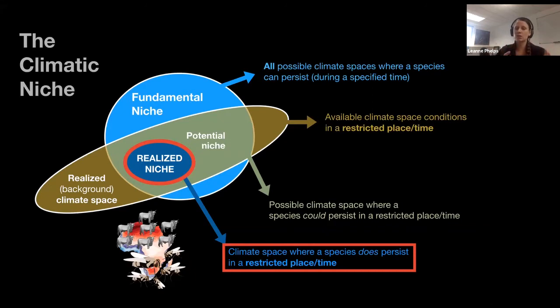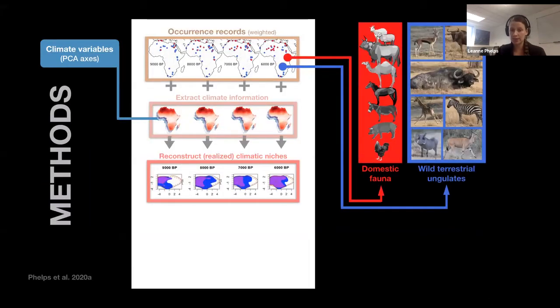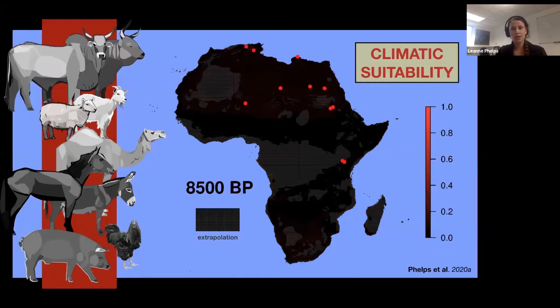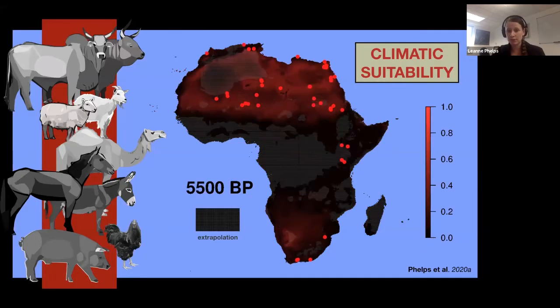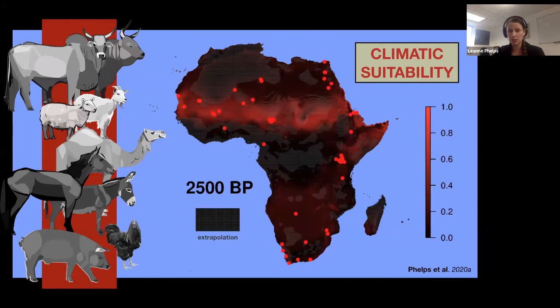So the realized niche are these climatic conditions where we've actually observed a species to exist. It doesn't necessarily mean it couldn't exist in other places. But that's what we're really reconstructing when we're looking at the realized climatic niche. There are many different things that we can do with these realized climatic niches. The first one is that we can project them into geographic space or map them. So here's an example of what that would look like for the animal production niche.